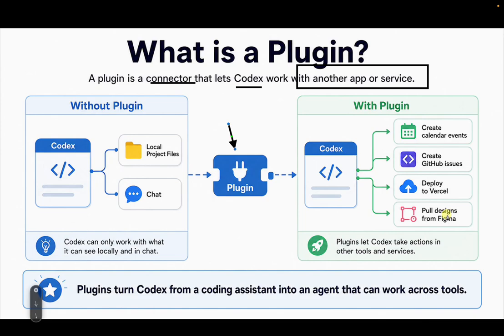Which simply means that Codex plugins let Codex take action in other tools and services. Hence, in simple words, plugins turn Codex from a coding assistant into an agent that can actually work across tools, right? So I hope you now understand what exactly a plugin is and why this is important.